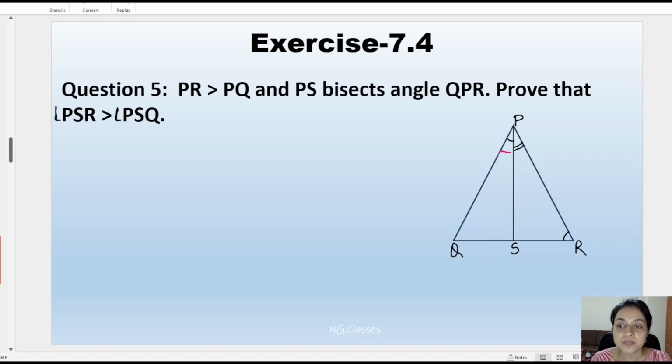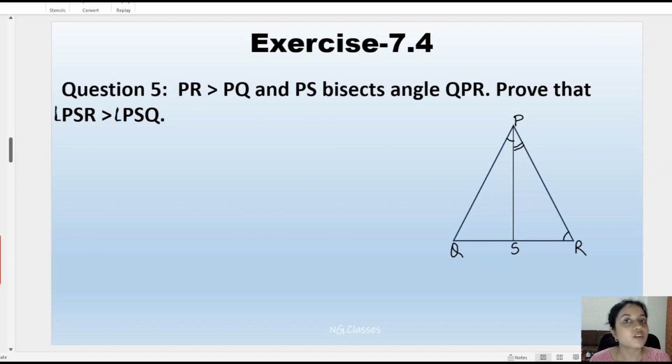This angle and this angle are equal with each other as PS works as a bisector. Prove that angle PSR, that means this angle, is greater than angle PSQ, that means this angle. Alright, so let's prove it.